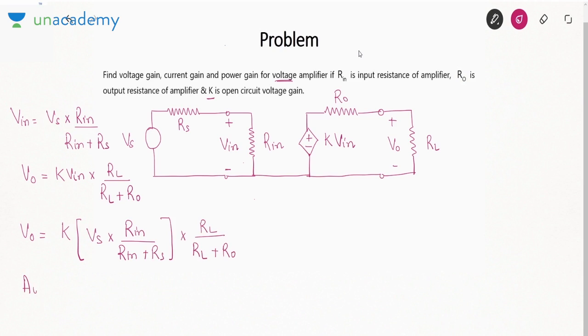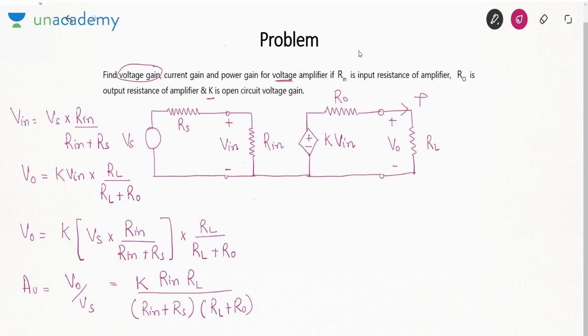So the voltage gain would become V0 by Vs equals K Rn RL over (Rn plus Rs)(RL plus R0). That is the voltage gain. Next we want the current gain.